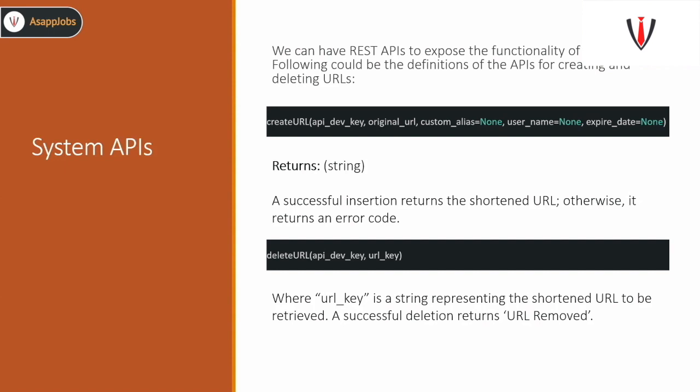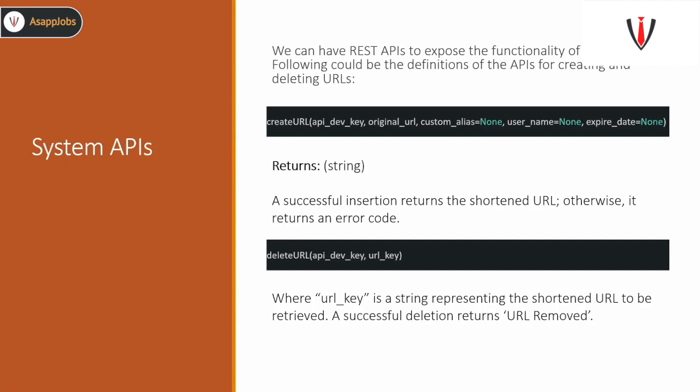These are things that the customer can set. By default, they are none, and then you can have your algorithm accordingly. What we would return is a shortened string, or if there's some issue, we'll just return some error code. So that's like a function definition of how these APIs are going to look.